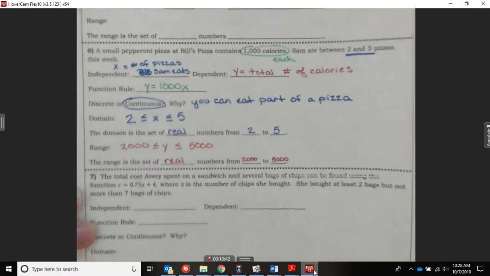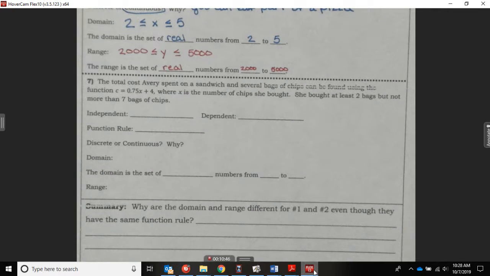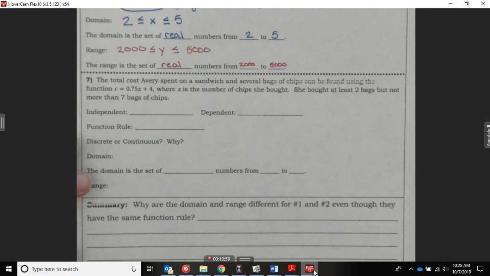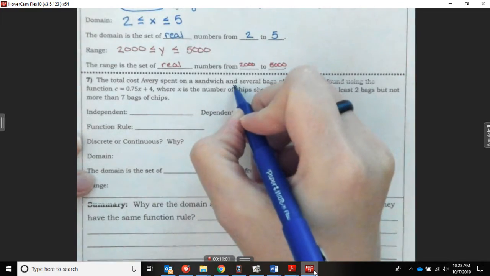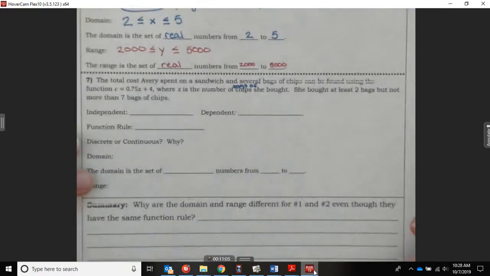All right, and then number 7. The total cost Avery spent on a sandwich and several bags of chips can be found using the function c equals 0.75x plus 4, where x is the number of bags of chips she bought. She bought at least 2 bags, but not more than 7 bags of chips.